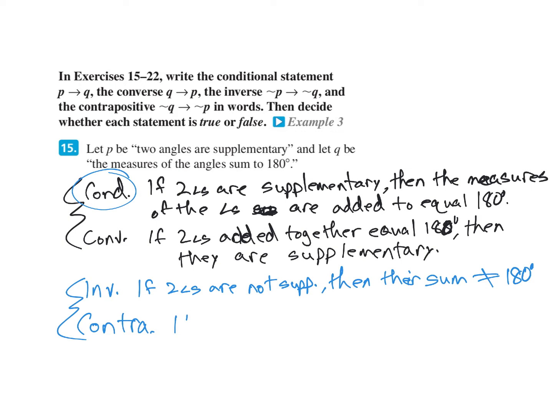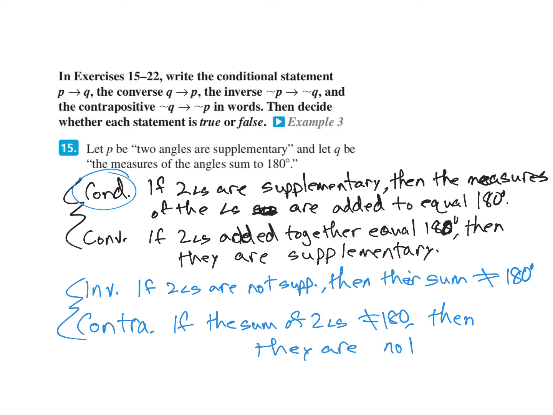So if the sum of two angles does not equal 180, then they are not supplementary. All right, so the contrapositive just takes the inverse and switches it. Just like the converse, it took the hypothesis and the conclusion and switched it from the conditional.